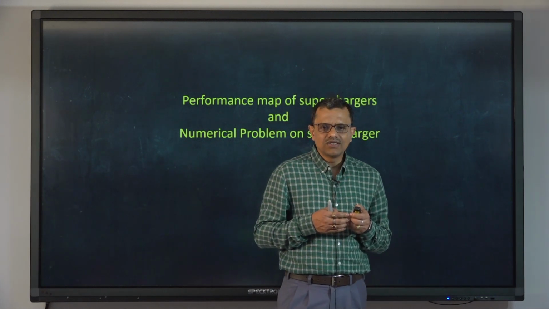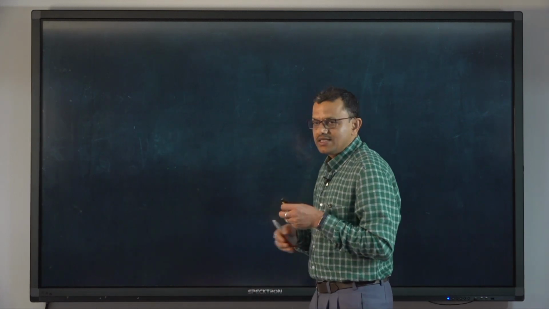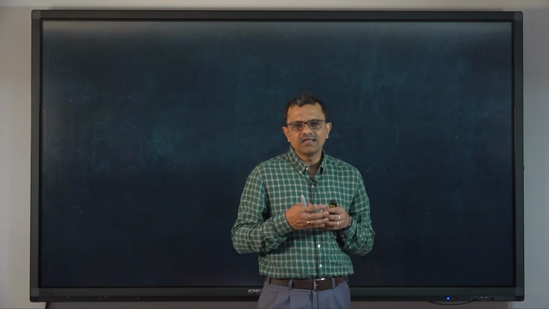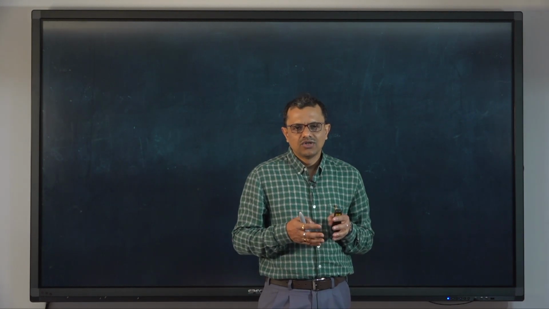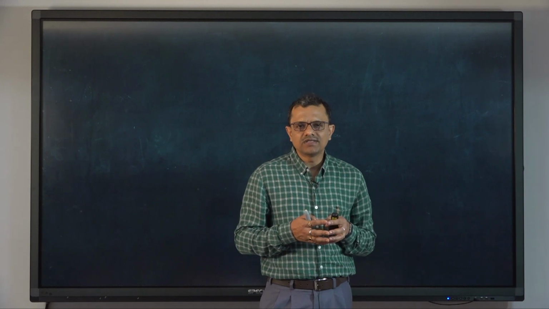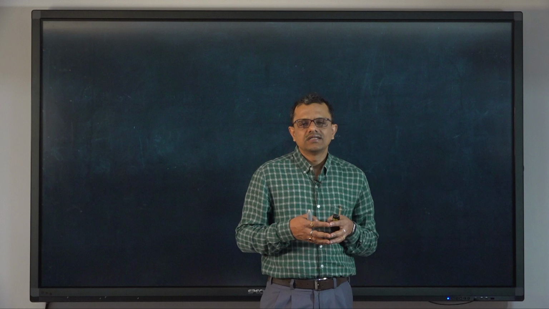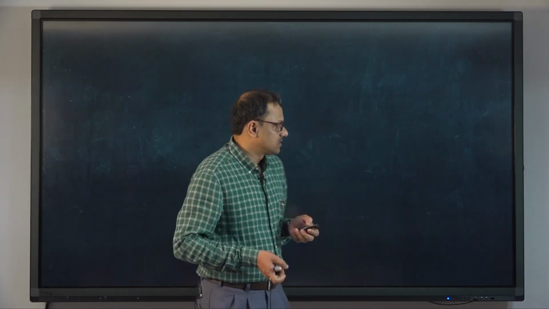So, if we try to recall, that supercharging is nothing but increasing the pressure of intake air using a mechanical device, that is compressor. So, when you are talking about performance map of superchargers, it is nothing but the performance map of a compressor or rather compressors.